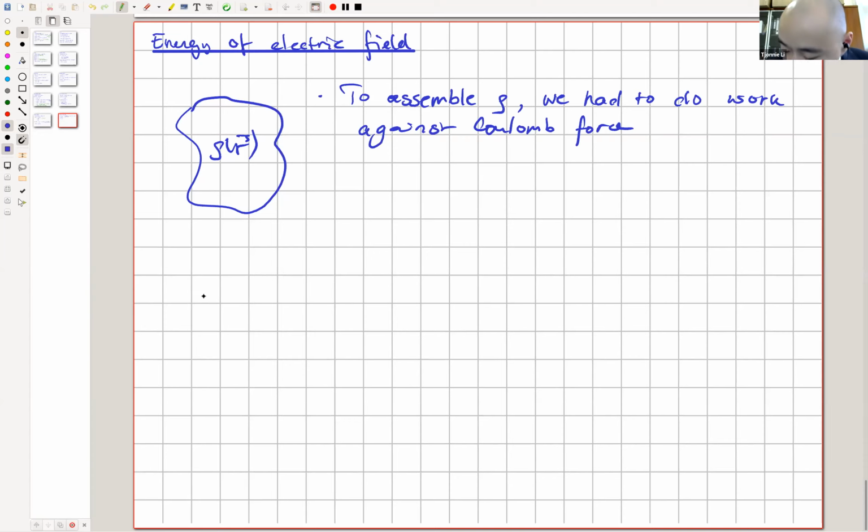So let's start with something that looks like this, and I bring a particular charge into this system. Now we have to do work against this existing charge density, let's call it rho prime.